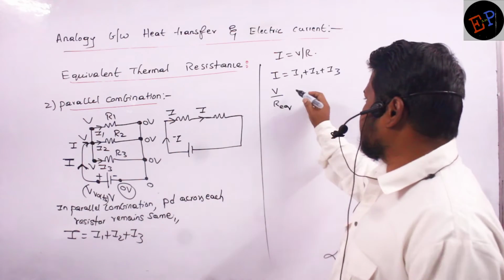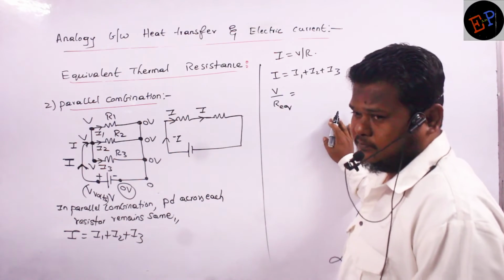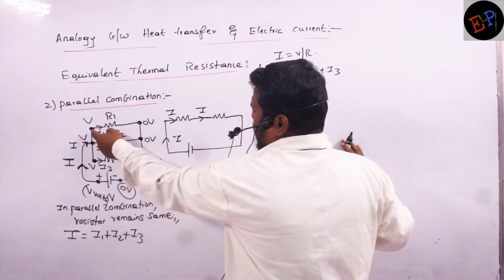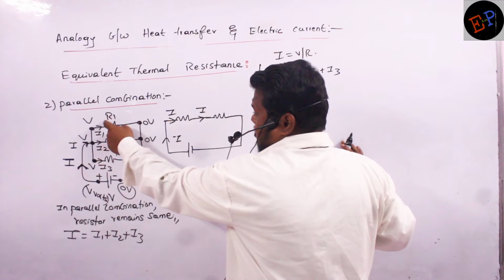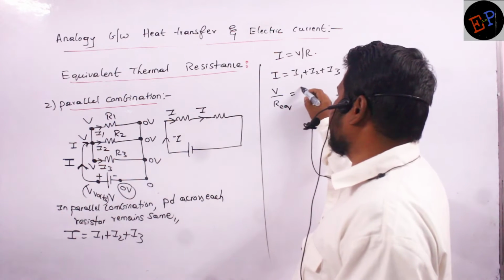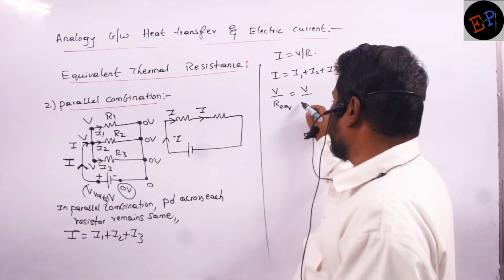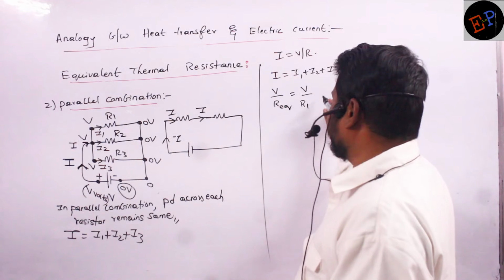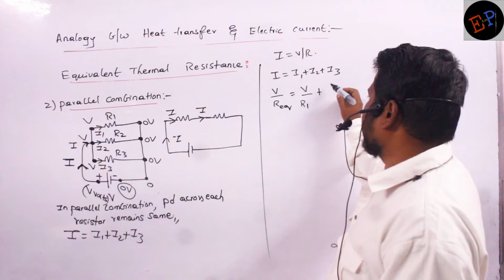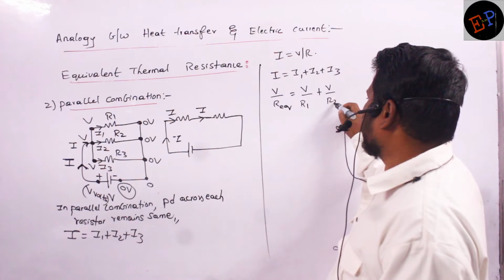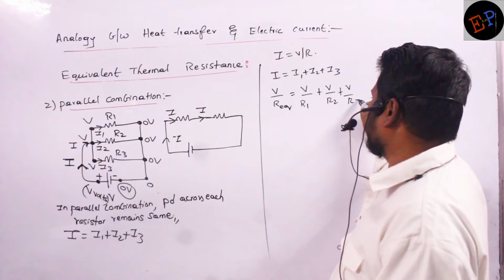So this can be written as I1, the same potential difference across the first resistor, but what is the resistance? R1. So I will write the potential difference remaining the same, but the resistance will become R1. Clear? Similarly, what about the second resistor? Here also V divided by R2. And in the third branch, V divided by R3.